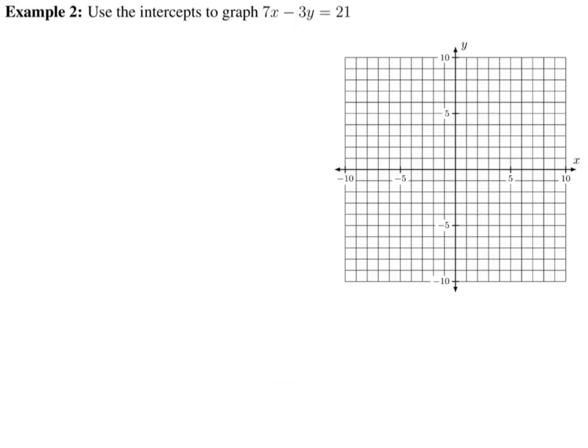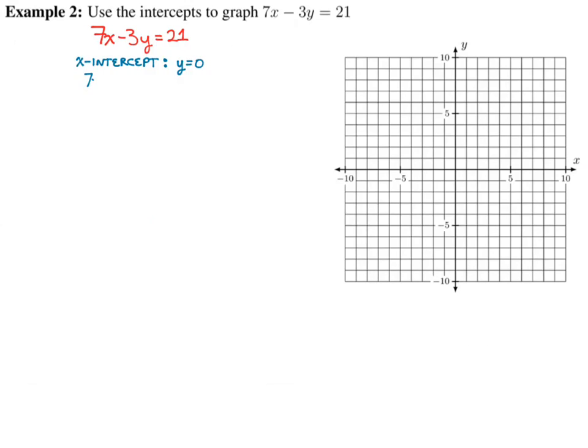Next one. Almost looks the same, but yet it's different. So we have 7x minus 3y equals 21. I'm just rewriting it here so it's a little bit better visual as we work through it. X-intercept first. There's no reason why the x-intercept has to be first. It just seemed best to start with x. So that's when y is 0.